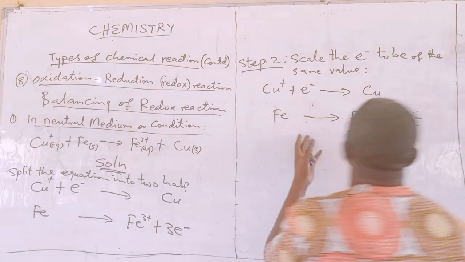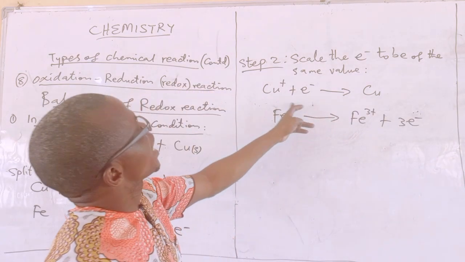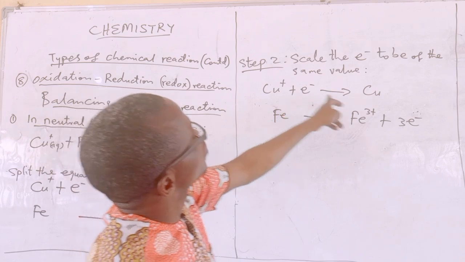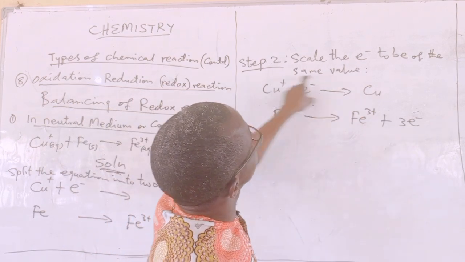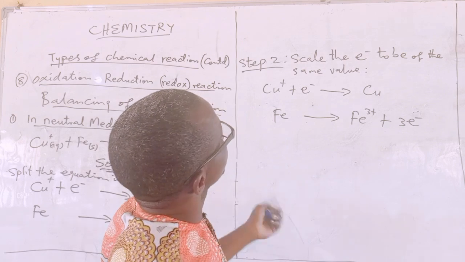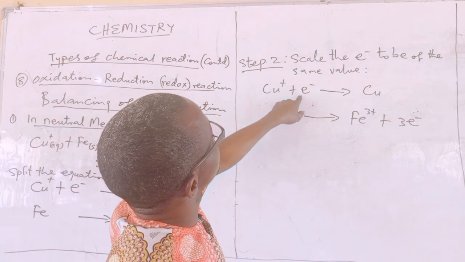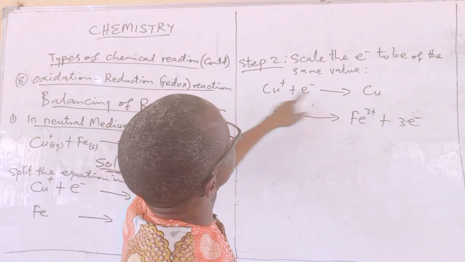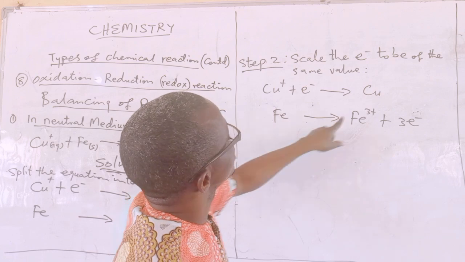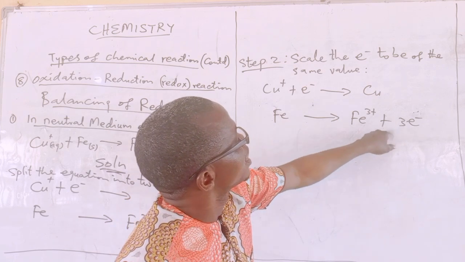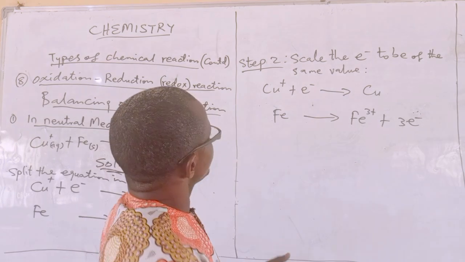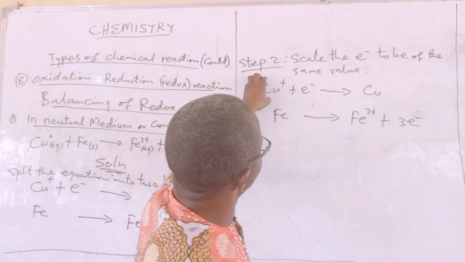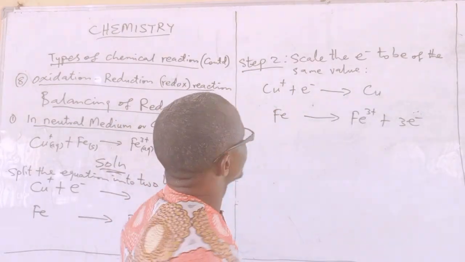So getting this, I want to scale this to have the same value as this by multiplying this equation by 3. Remember, there's 1 here, 1 here, 1 here. The coefficient of all these substances you are seeing is 1, apart from here that you have 3. So multiply equation 1 by 3.